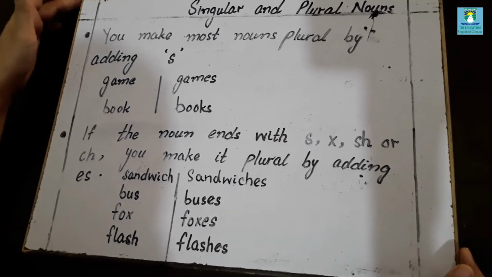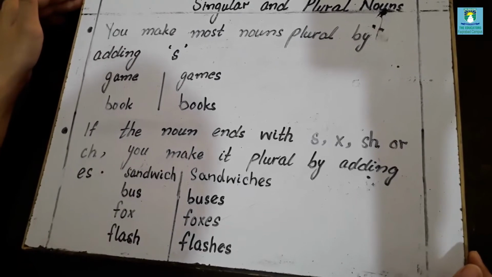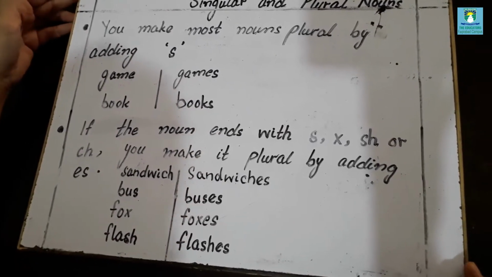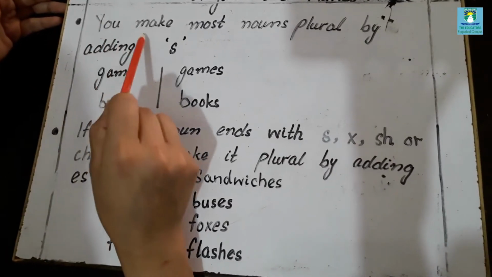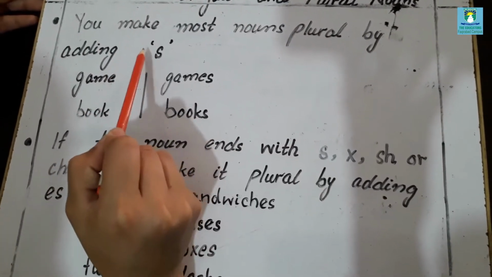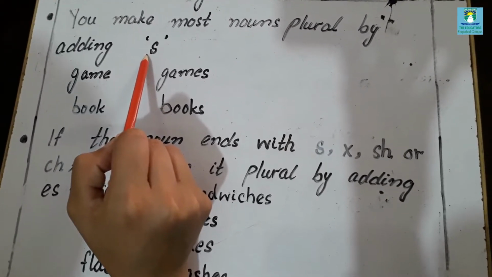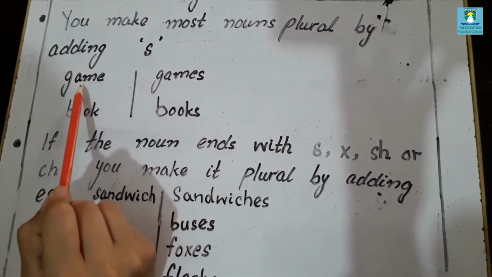There are certain rules for converting a singular noun into a plural one. The first one is: you make most nouns plural by adding s. Simply by adding s, we can make some nouns plural. For example, game.